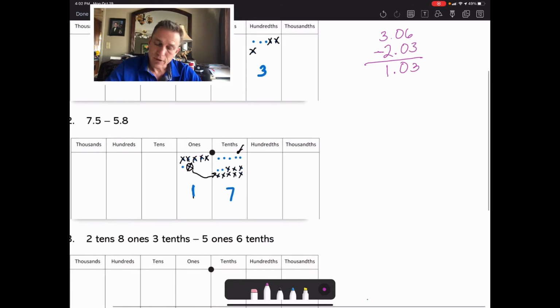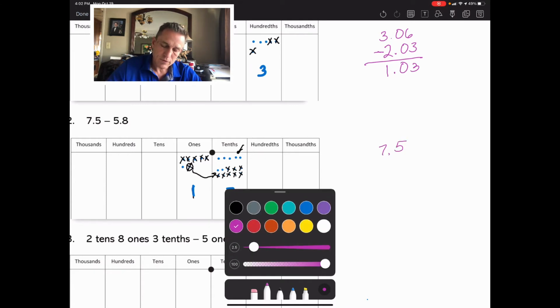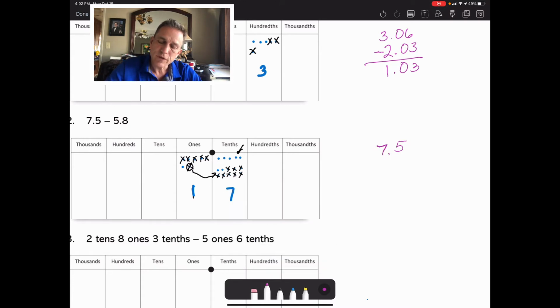So I have 7 and 5 tenths minus 5 and 8 tenths. So first they want me to take away 8 tenths, but I can't because there's only 5. So I'm going to unbundle one of these ones.